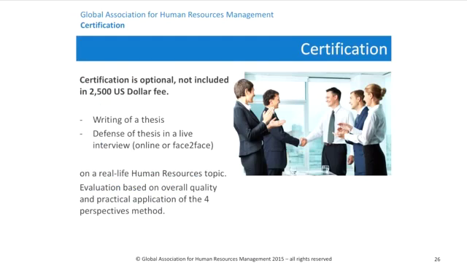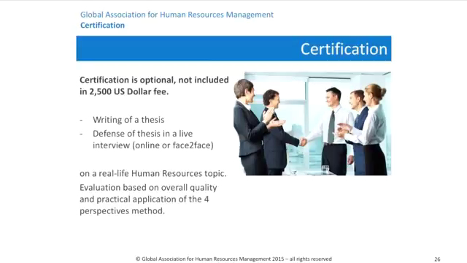So that leads us also to the certification. Certification is optional and is not included in the $2,500 fee. It would consist of writing a thesis and defending the thesis in a live interview on a real live human resources topic.